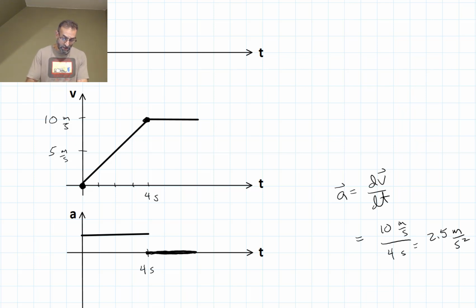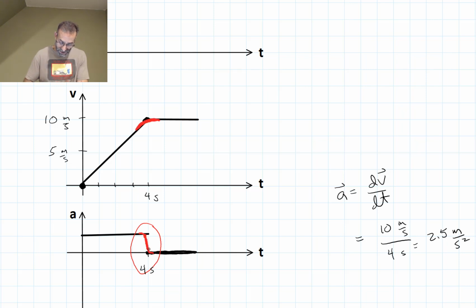Now, real quickly, what's happening at this point at t equals 4 seconds? Can our speed change instantaneously the way I'm showing here on my velocity versus time curve? Probably not. In actuality, I would probably draw that as having just an ever so slight curvature to it right there.